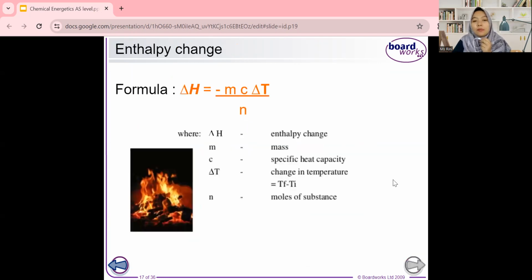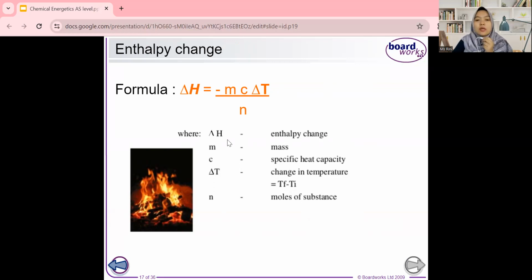That's the formula for Q, or if the unit is in joules. Now you can also calculate the enthalpy change. Delta H, the symbol of enthalpy change, has a formula that equals minus mc delta T over n, where n is moles.